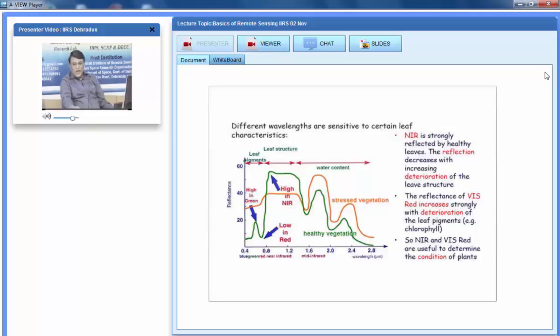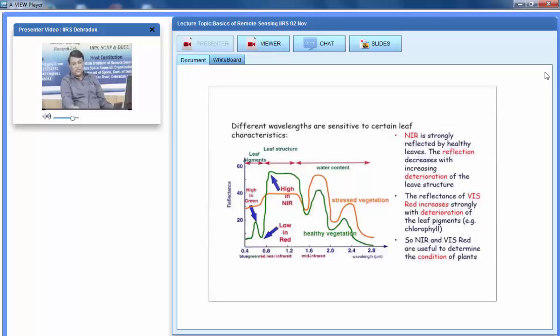But in NIR, it is the reverse case. If a healthy crop is there, reflectance is more because of more scattering at the NIR cell wall interface. But whenever there is stress, maybe due to water stress, disease stress, pest stress, or any kind of disorder, that can lead to the rupture of the cell wall and finally a decline in the NIR scattering. So reflectance in NIR will be less.